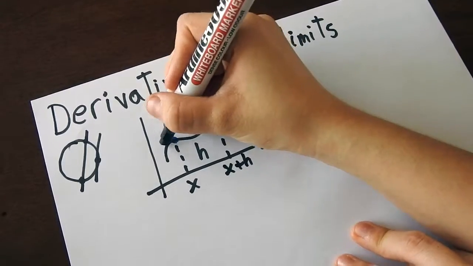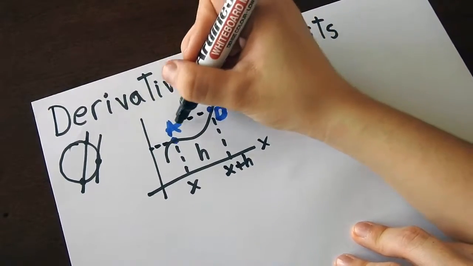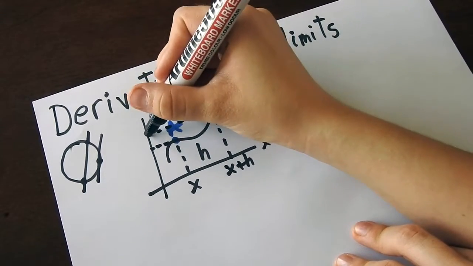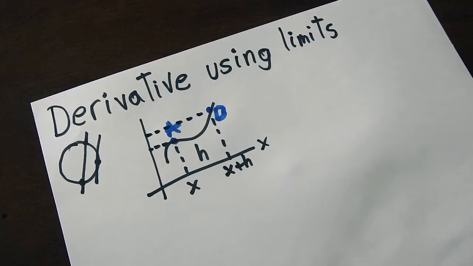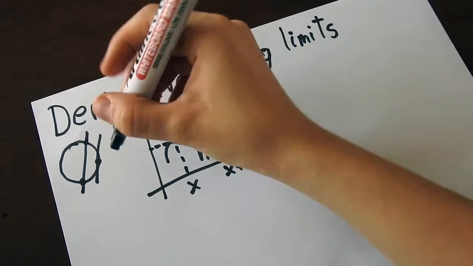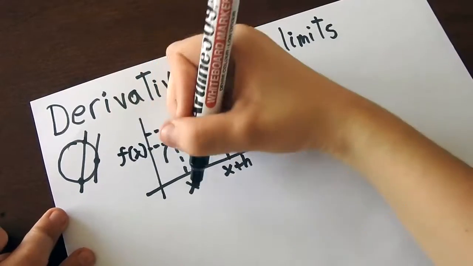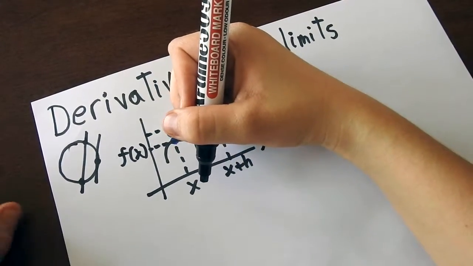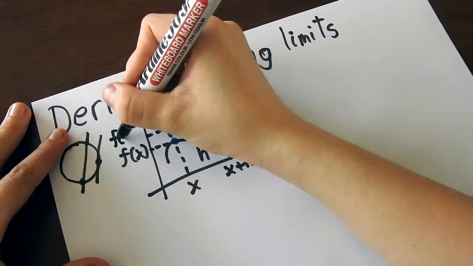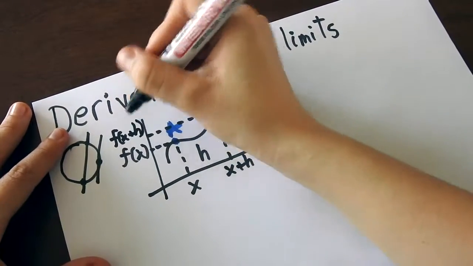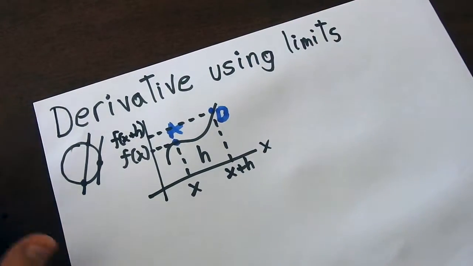And here we will have our values of y corresponding to each of the points. We will refer to this first value as f of x, since it corresponds to that point in the x-axis, and our second point over here would be f of x plus h, since it corresponds to this one down here.